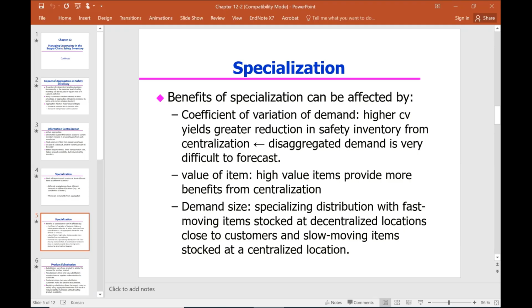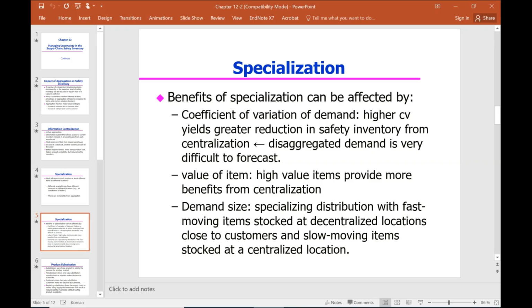If you disaggregate, you try to see those products' demand as totally independent of each other. Then it is going to be very hard to forecast their demand. Why?